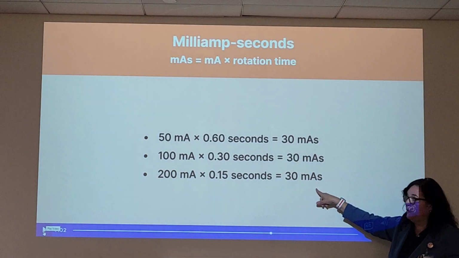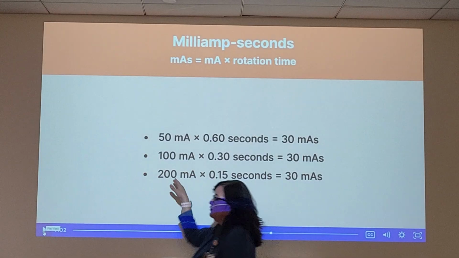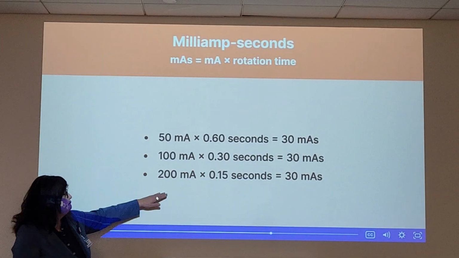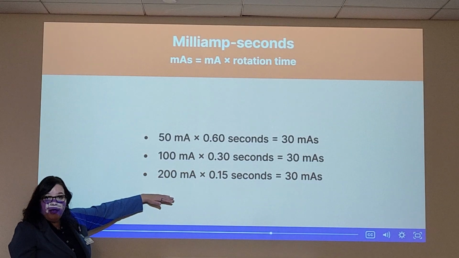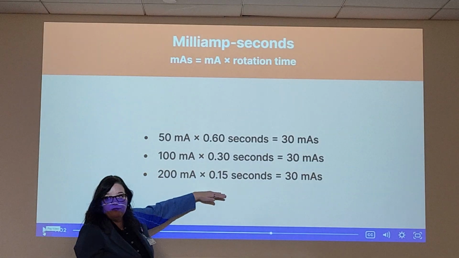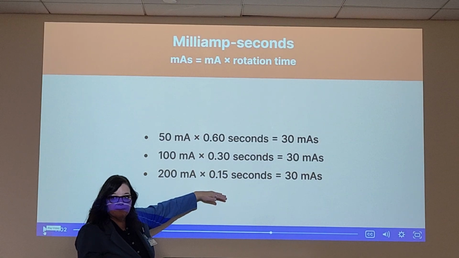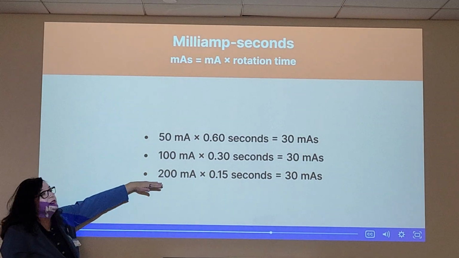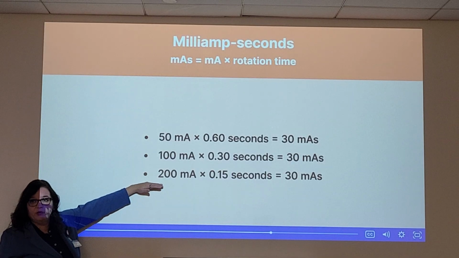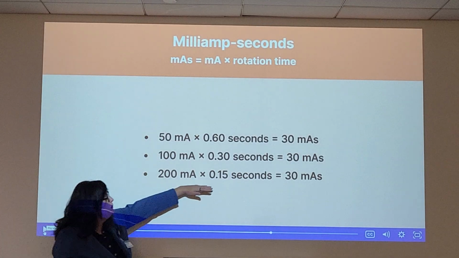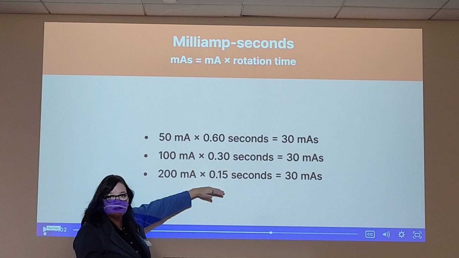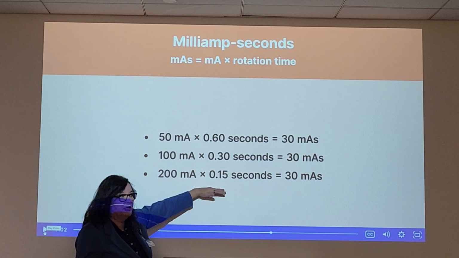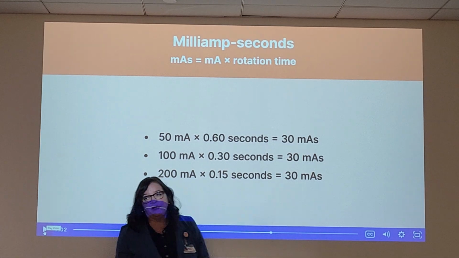So let's take an experiment. Multiply 200 times 2. 400 times 0.15 seconds. You can take out your calculators. So we multiply 200 by 2. We got 400. We multiplied it by 0.15 seconds. Did we have 30 as our final answer?